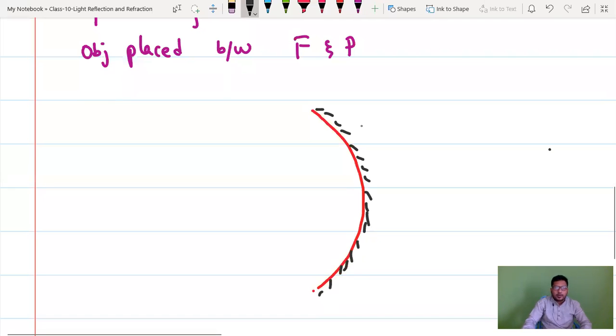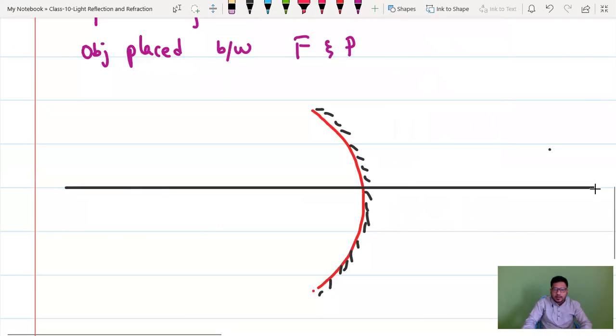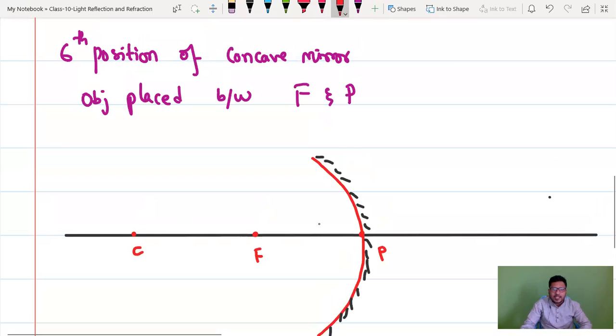And while coming to principal axis, please draw principal axis this much big. Why? I'll tell you. And this point is P pole, this point is focus F, and this point is center of curvature C. Okay, object is placed between F and P, right?